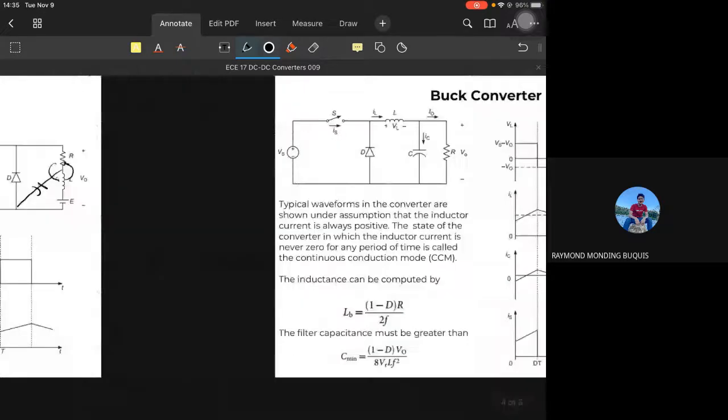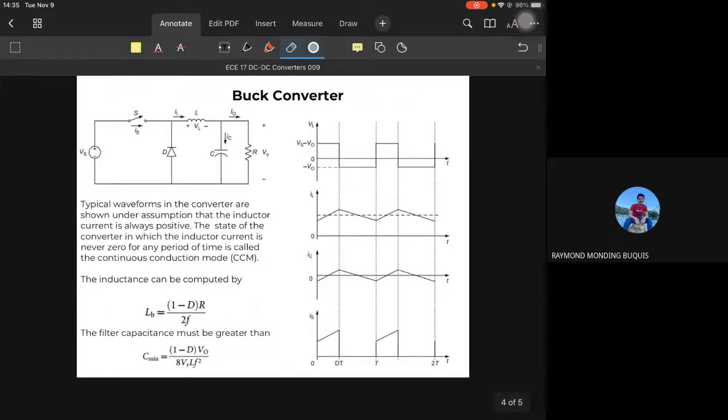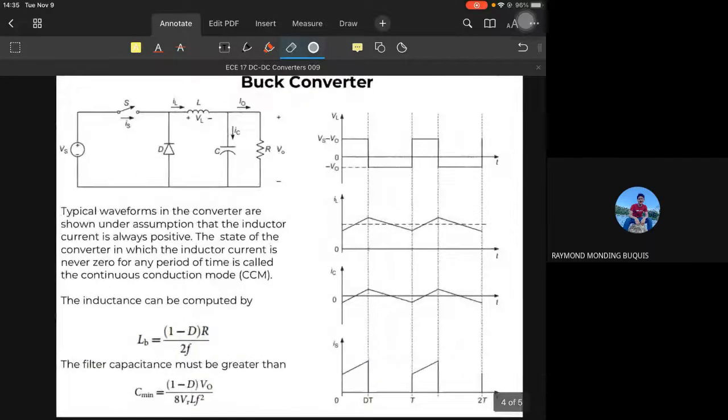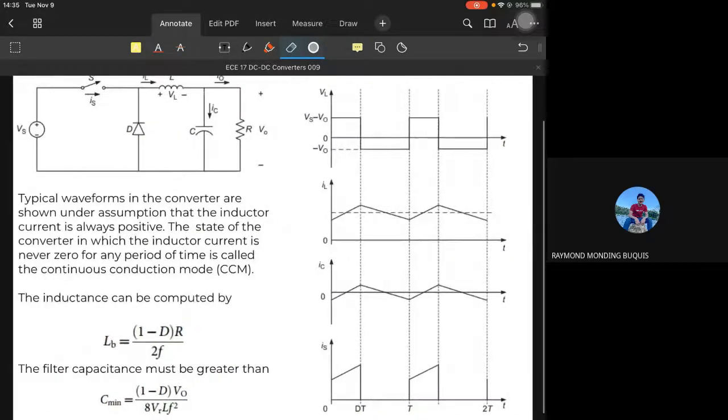Then we add a snubber diode. This allows our DC chopper to become a buck converter. Operations-wise, it's not very complicated. The circuit is defined, and from the waveform alone we know what's happening.